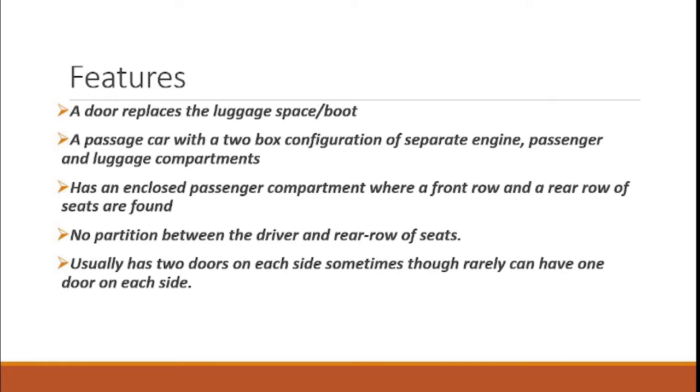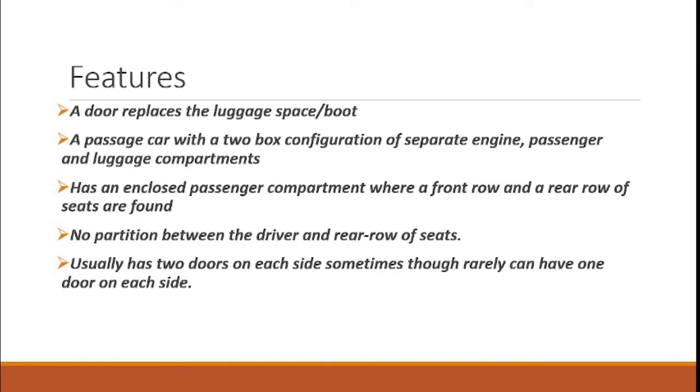No luggage compartment, as noted. So you just have a two-box configuration. It has an enclosed passenger compartment where the front and rear row of seats are found. There's no partition between the driver and the rear row of seats.